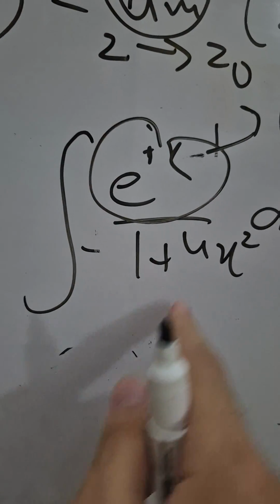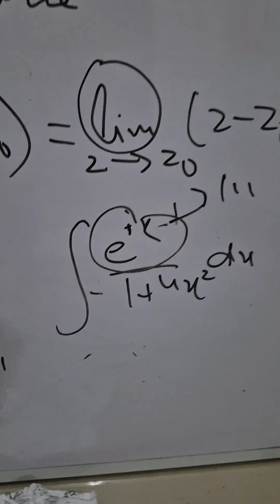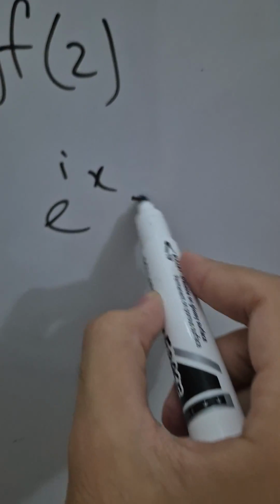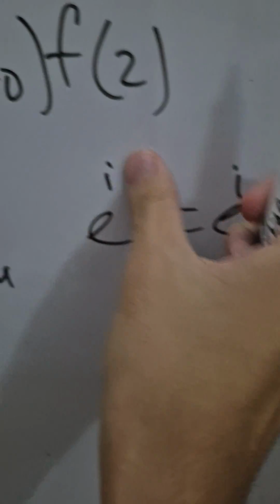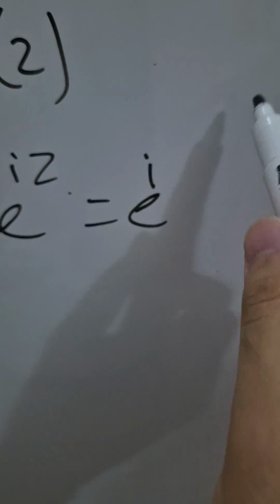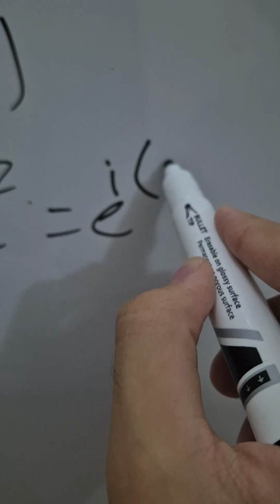So we can basically say e to the ix, because we're considering a complex variable, so we turn it into the complex world.